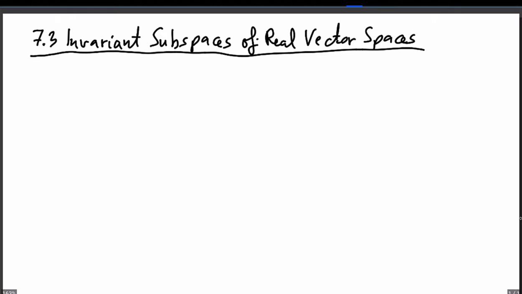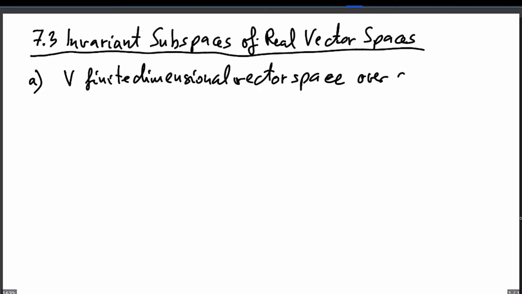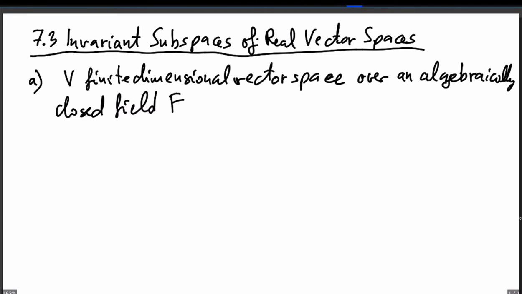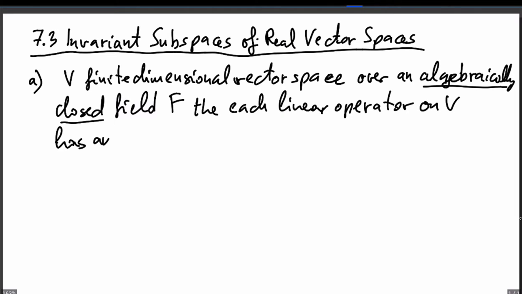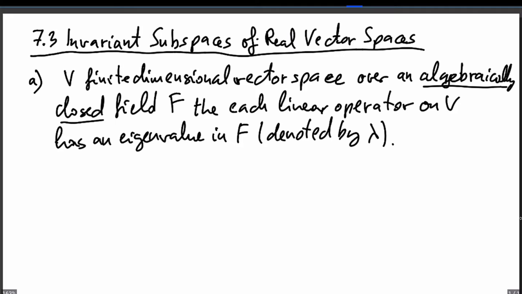So to recap the previous section, first of all, if V is a finite dimensional vector space over an algebraically closed scalar field, so this is important, then we know for sure each linear operator on V has an eigenvalue in F, and then we also saw that if we denote this eigenvalue with lambda, then the null space of this operator T minus lambda I is actually T invariant.